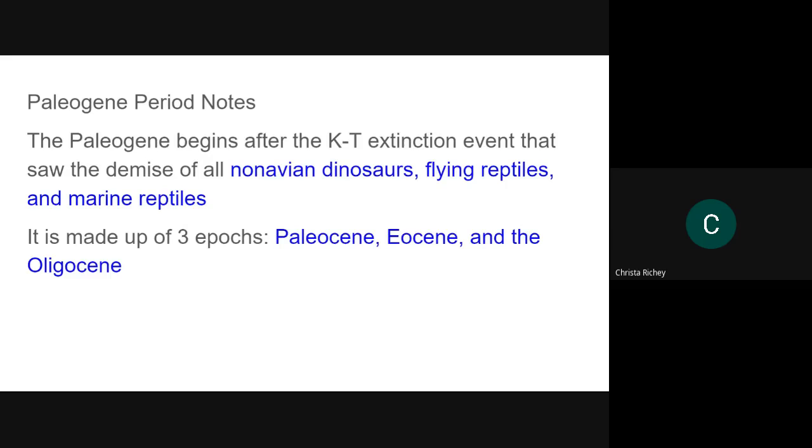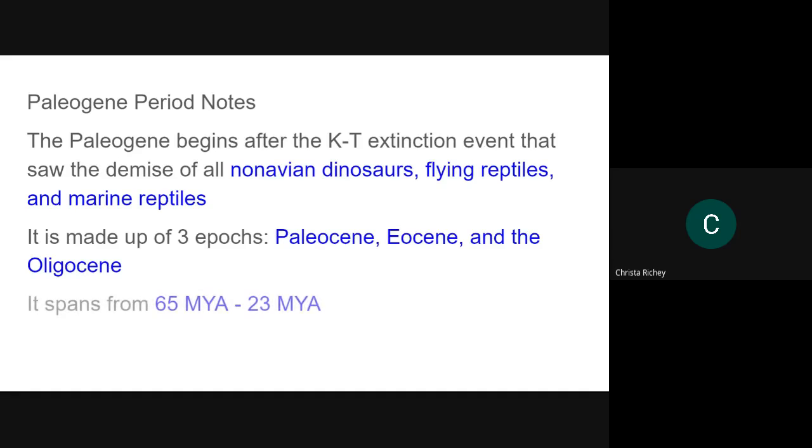All right, so the Paleogene is the first of the three periods, just like the Mesozoic had three different sections. The Cenozoic has three major periods. We've already said multiple times that at the end of the Cretaceous, all of the non-avian dinosaurs went bye-bye.